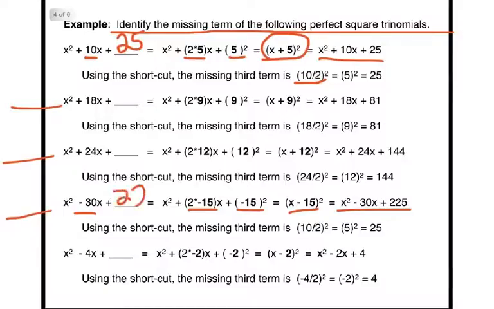So the missing term was 225. Using the shortcut, the missing term is half of the middle term. Oops, that should be a negative 30. Which is negative 15, and negative 15 squared is 225. My, that was quite the typo. Go ahead and try out the remaining examples, and then go to the next screen.